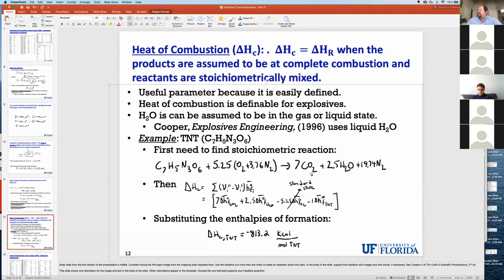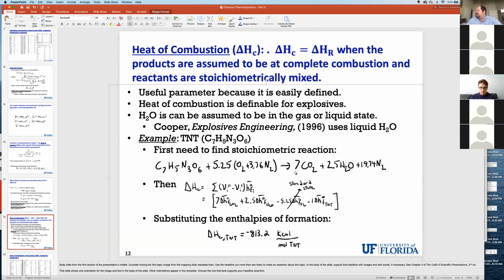Then the heat of combustion is just the heat of reaction for this chemical reaction. So we apply this definition: nu I double prime minus nu I prime for carbon dioxide.